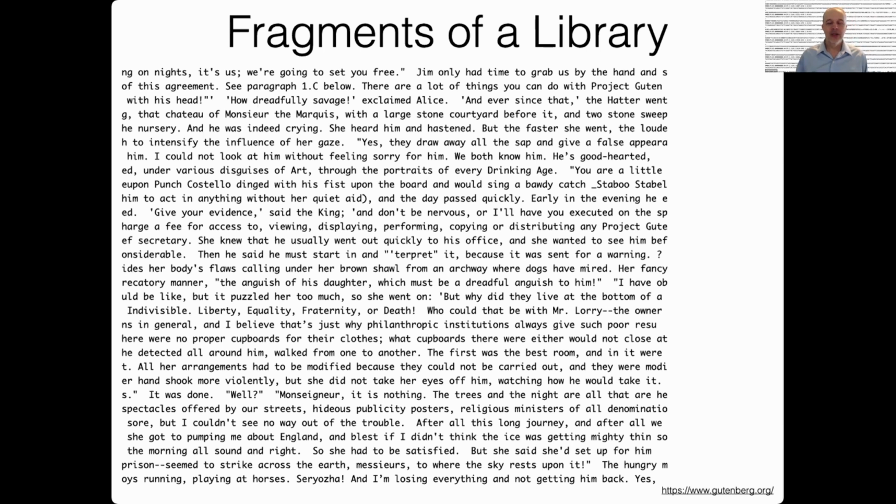Okay. So the first thing that we're going to do is take each of these fragments and search it in our database of the texts of the books that were in publication at that time. And then that'll help us to identify the differences in book distributions between these two libraries.